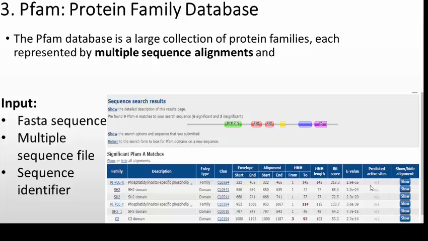It also gives the bit score, which is the score that can be obtained by pairwise alignment, and the E-value. The importance of this database is again the E-value. The E-value also depends on the length of the query sequence and the size of the database. As we already discussed, if the E-value is 10 to the power minus 50 to 10 to the power minus 100, then it indicates homology, but in this case it may be distant homology.